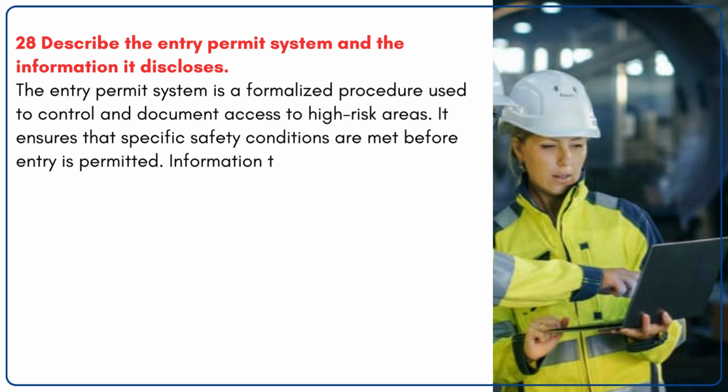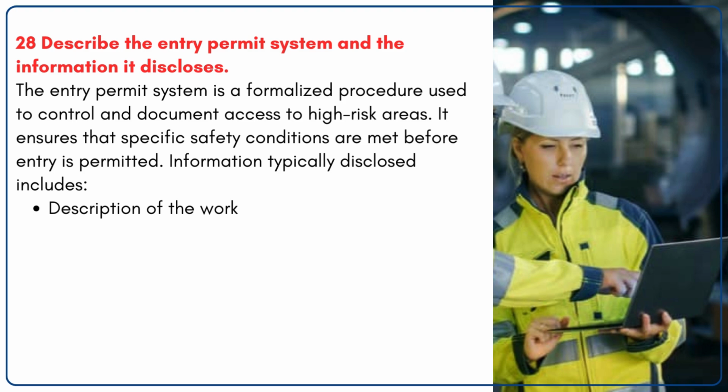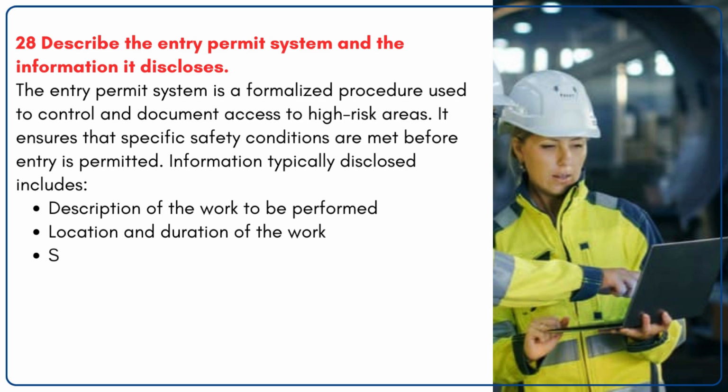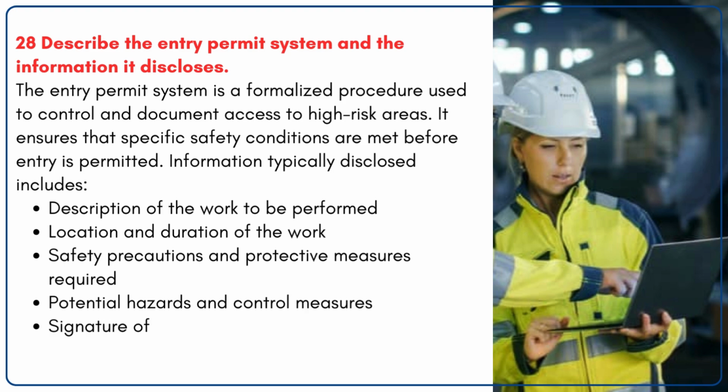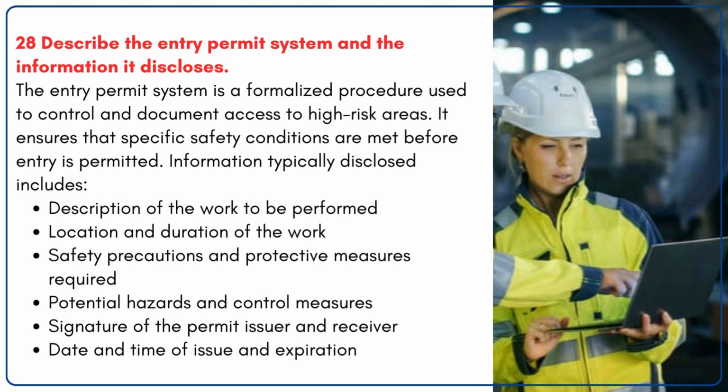Information typically disclosed includes description of the work to be performed, location and duration of the work, safety precautions and protective measures required, potential hazards and control measures, signature of the permit issuer and receiver, date and time of issue and expiration.